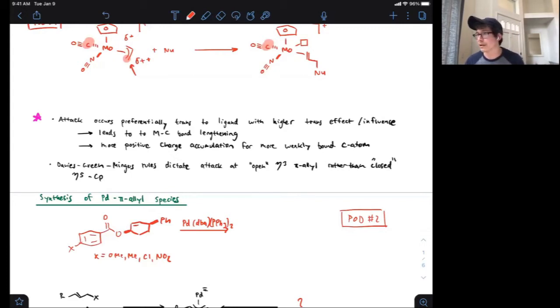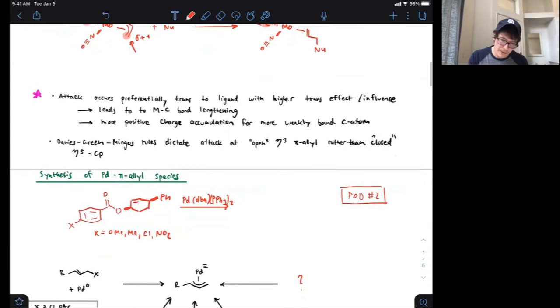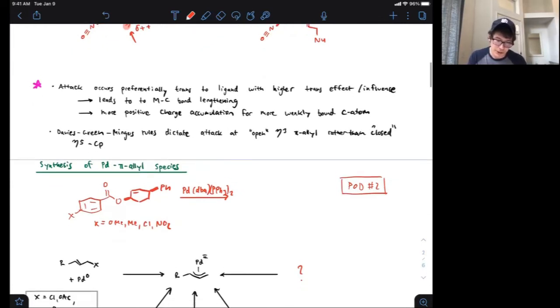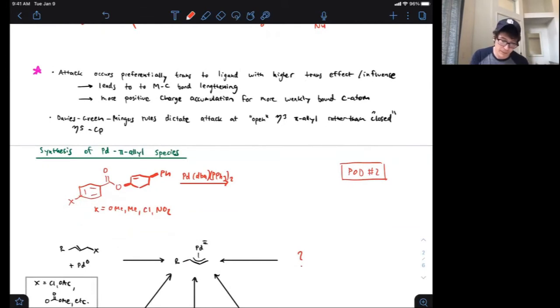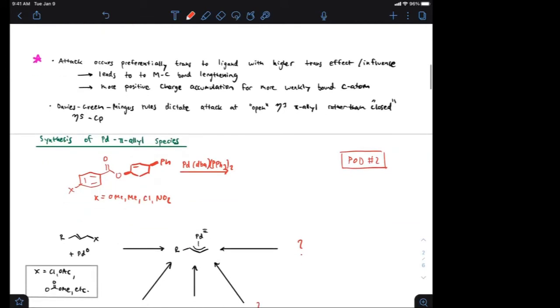You'll see this in NMR spectra by having the carbon and protons that are trans to strong trans influence ligands being downfield, and then in terms of reactivity, this means that you're getting more positive charge accumulation at this more weakly bound carbon atom.